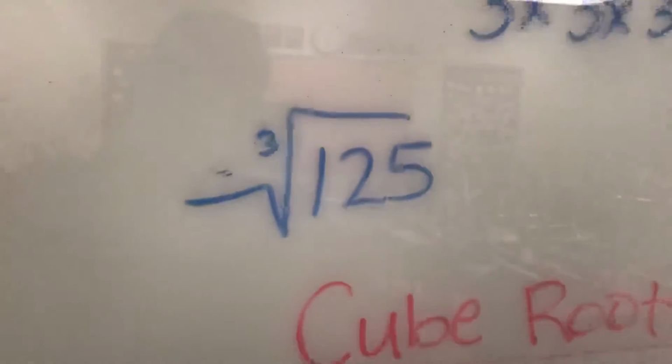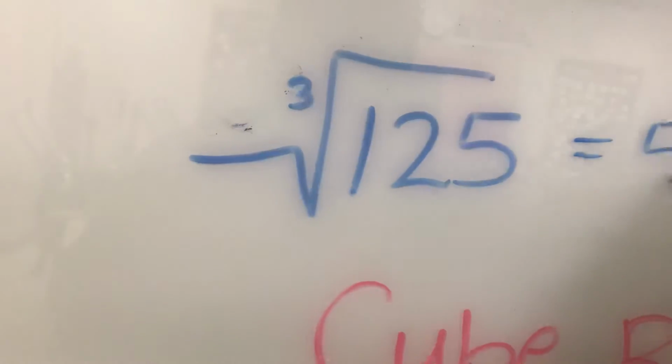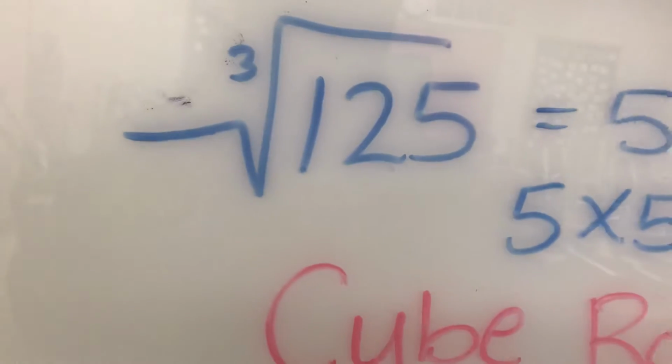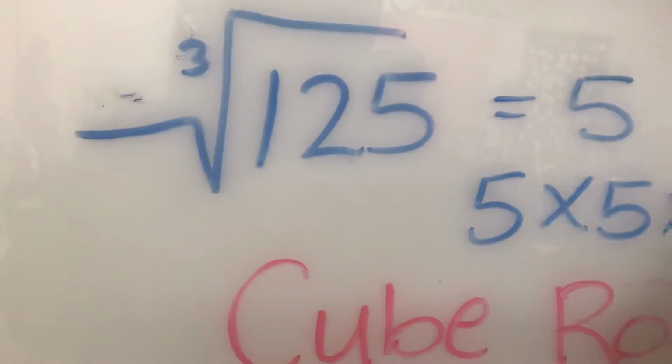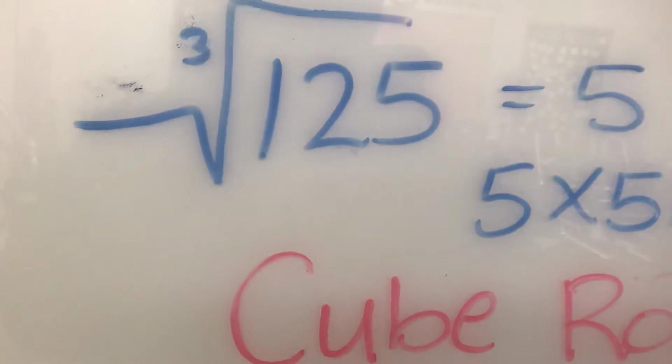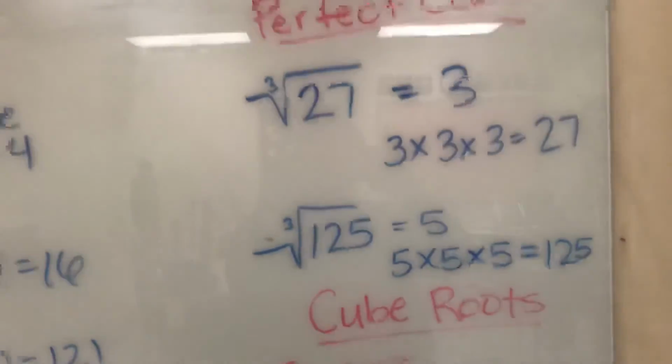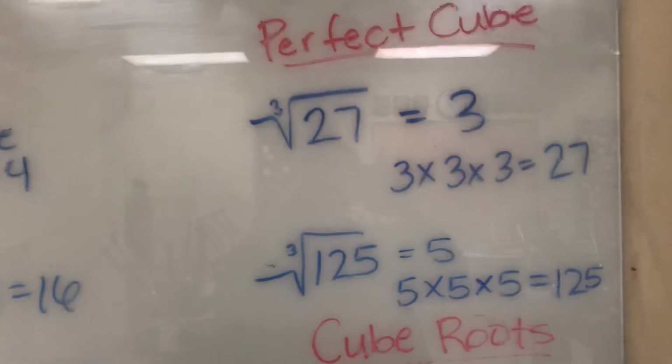So what you should have got was 5, okay? 5 times 5 equals 25. And when you multiply 25 times 5, you get 125. So again, these are how you figure out perfect cubes.